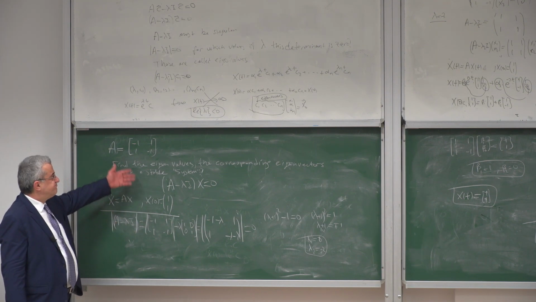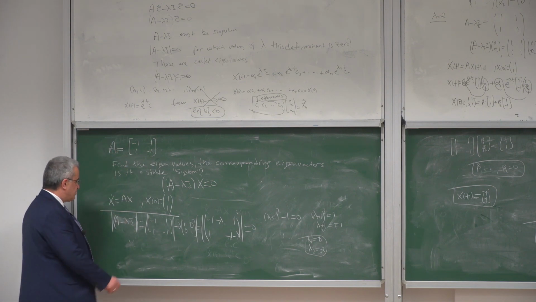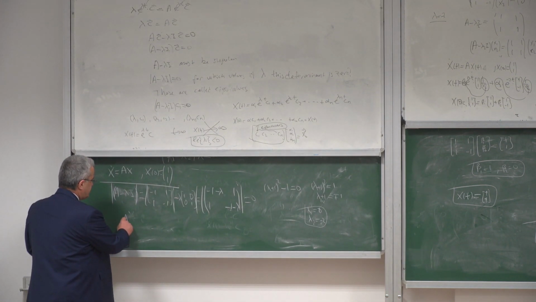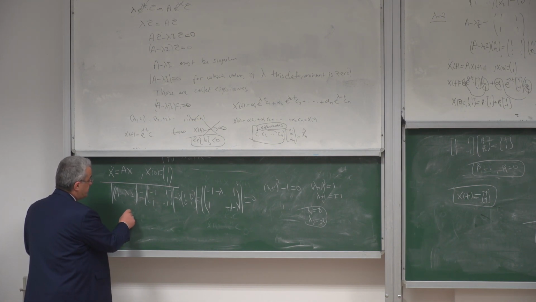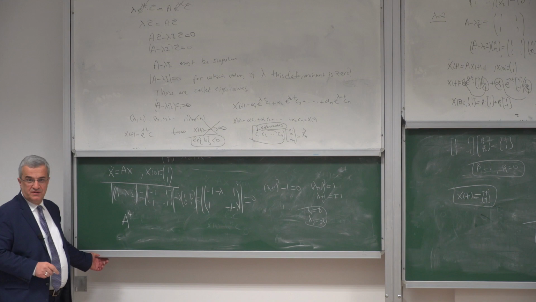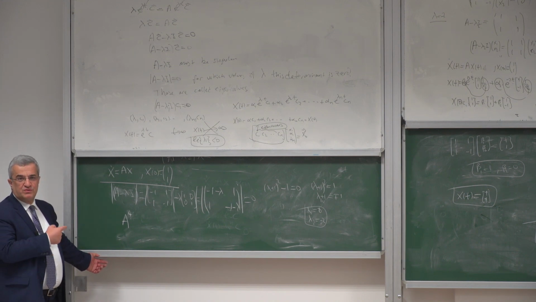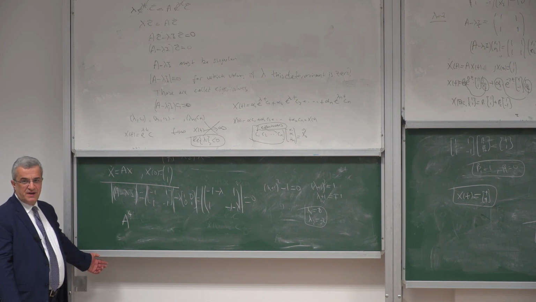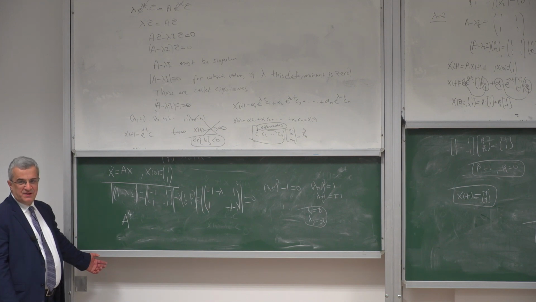Let me ask you another question about this. I would like you to find what is A to the 57, or I might make it less tricky and ask you what is A to the 4. If you spend half an hour and multiply this A, one more and one more, you can still get the right answer, but you will lose at least 15 minutes.